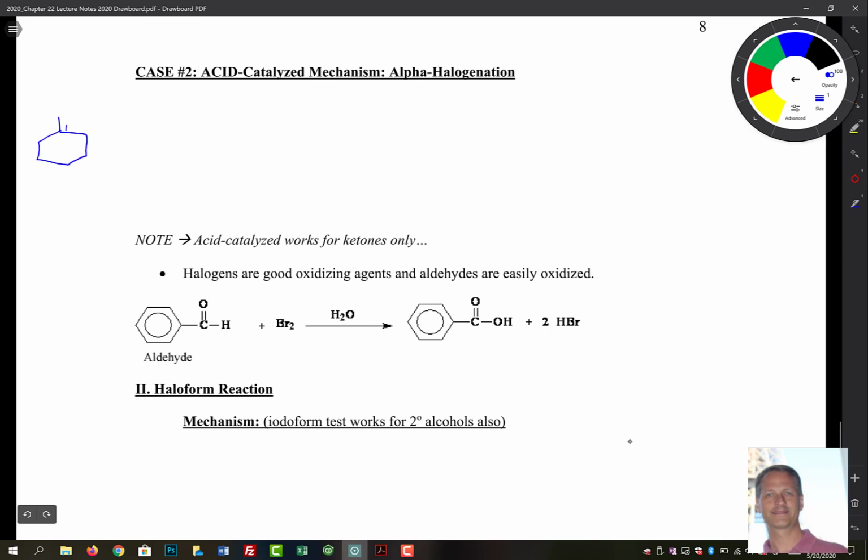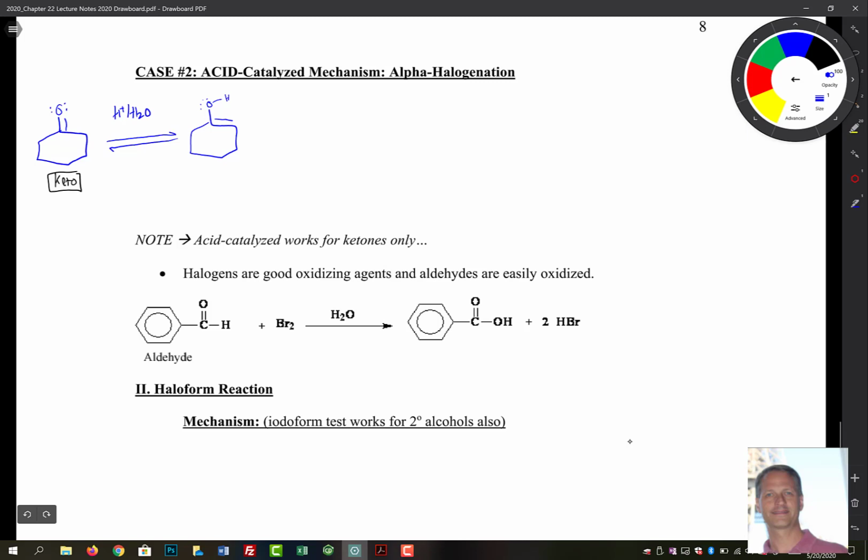So what we're going to start off with here is a keto form here. So there's a preliminary step here, and what has to happen is that this needs to form the enol. So we have to start off with this. I don't want to write out that mechanism, but the reaction conditions here are H3O plus, or H2O and H plus.